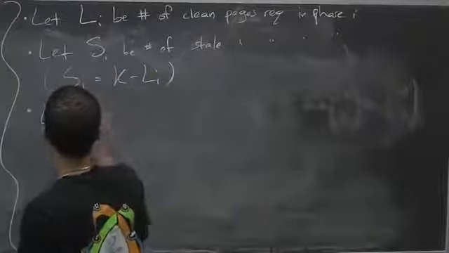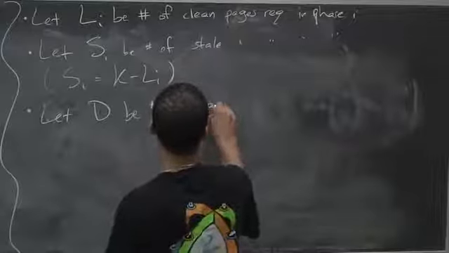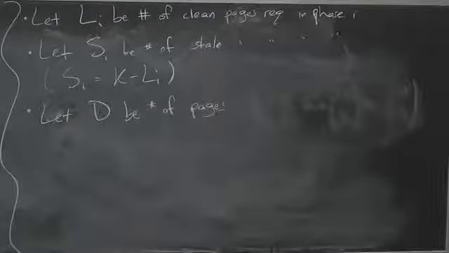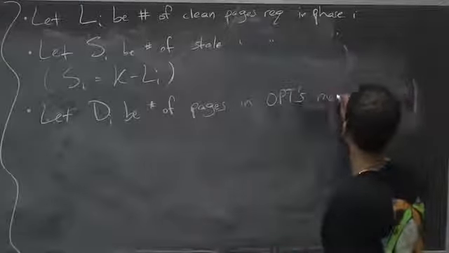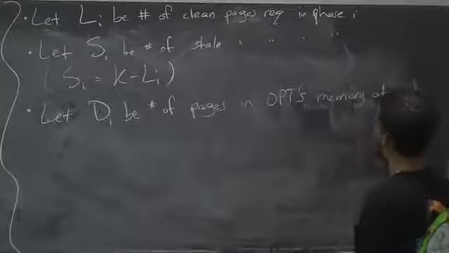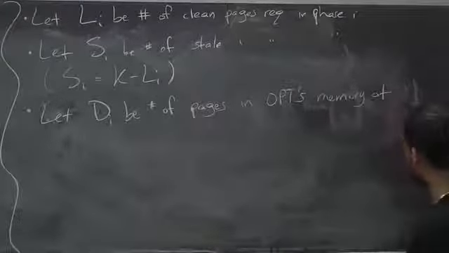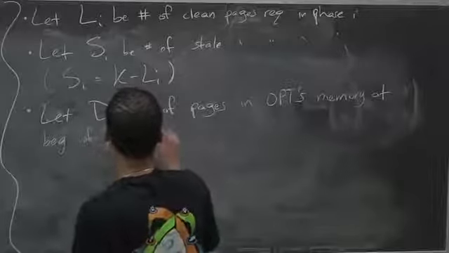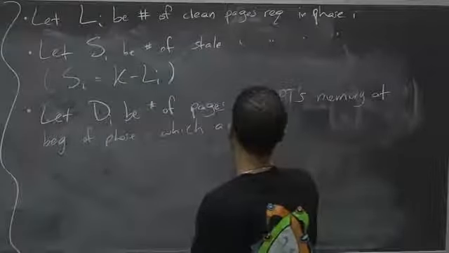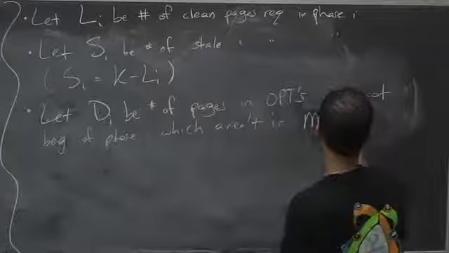So more notation. Let Di be the number of pages in opt's memory at the beginning of phase i which aren't in Mark's memory, Mark's cache.